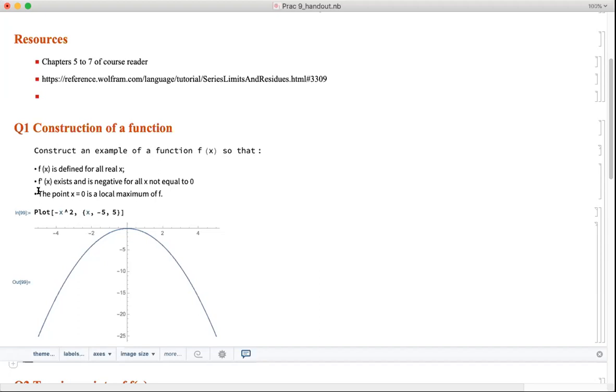The derivative exists and is negative for all x not equal to 0. But in this case, the derivative is positive on the left side. So that doesn't satisfy the condition.